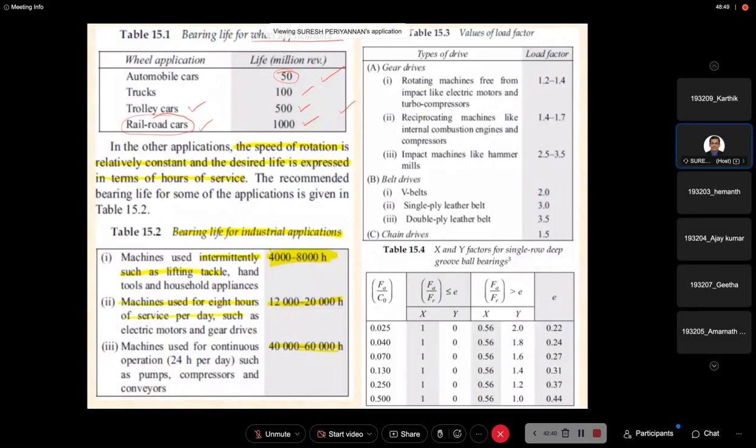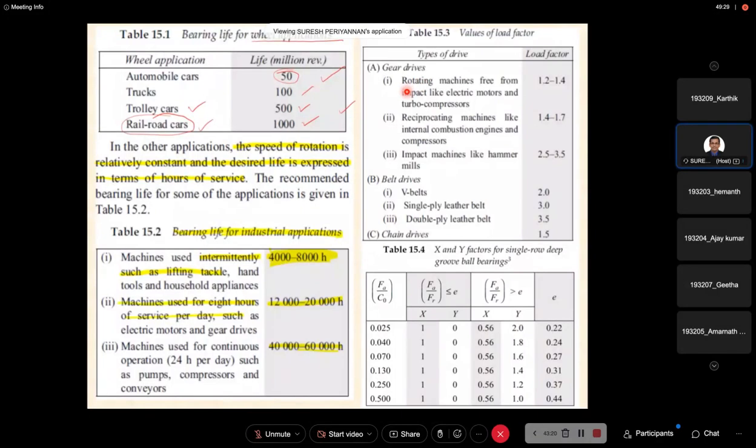Now I come to gear drives, and the next one is values of load factor. Now load factor, I mean, which forces are acting on the bearing are calculated by considering the equilibrium forces in vertical and horizontal planes.